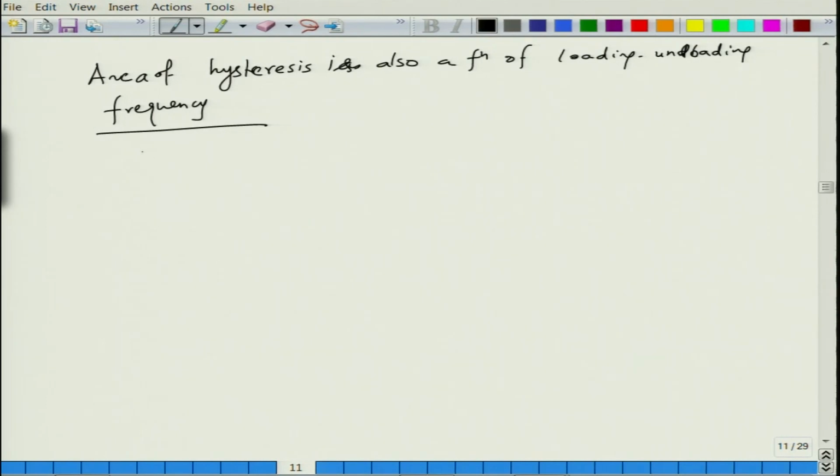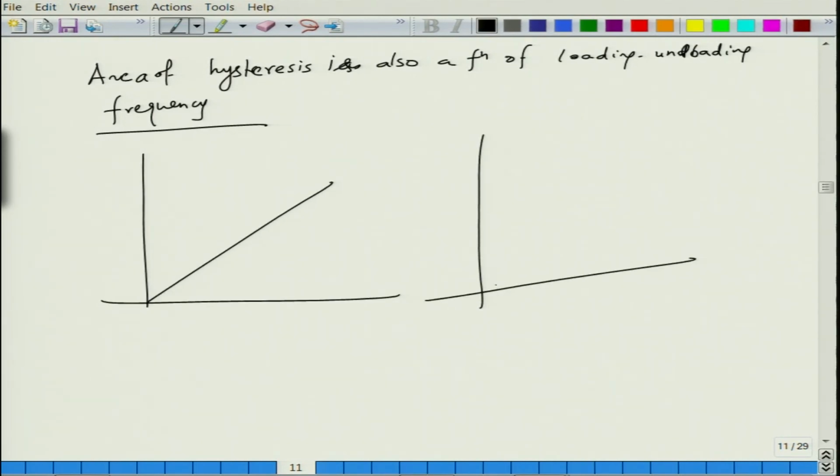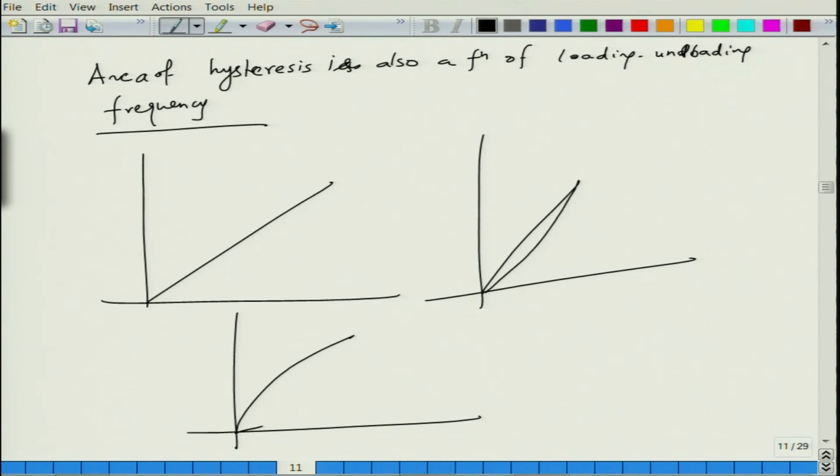So, whether you load very fast, whether you load a little fast, or whether you load in this fashion. This is, let us say, at very high frequency or very low frequency. This could be the situation at intermediate frequency, and we will do that analysis in the next class, how the hysteresis changes as a function of loading frequencies.